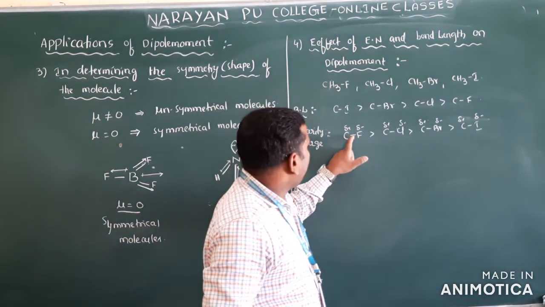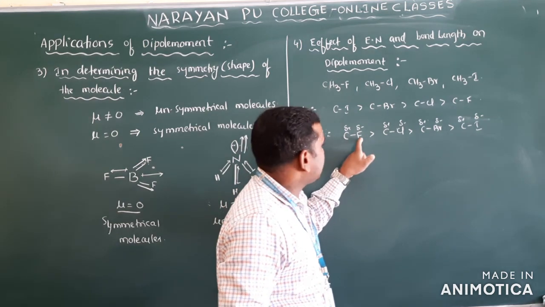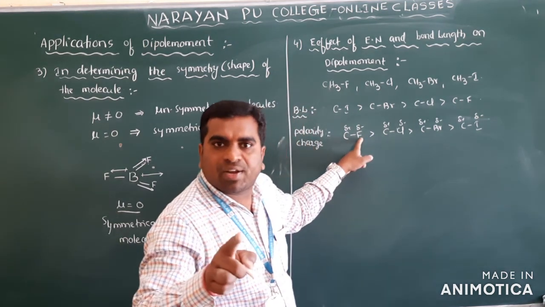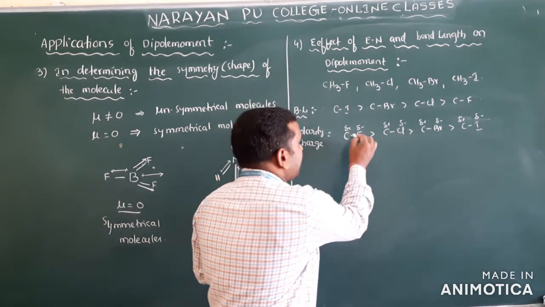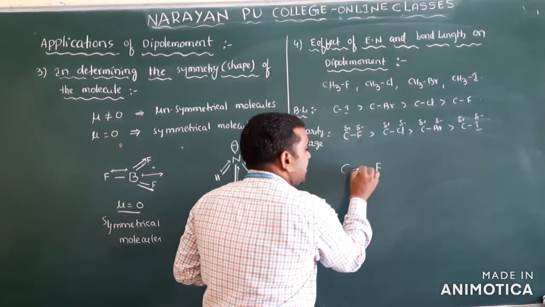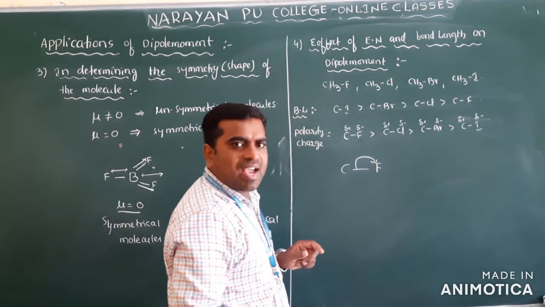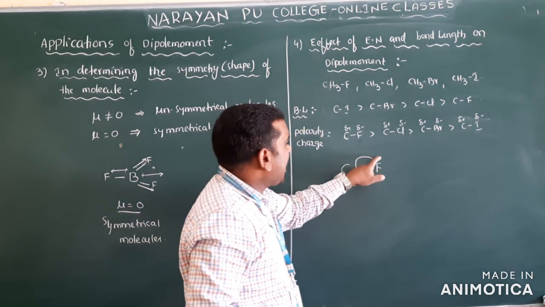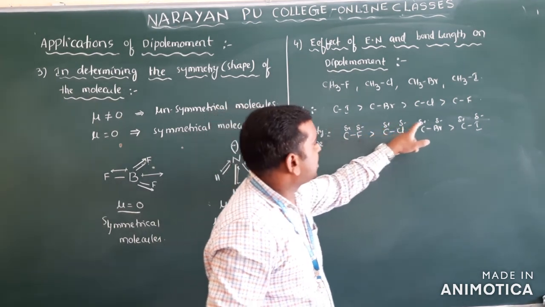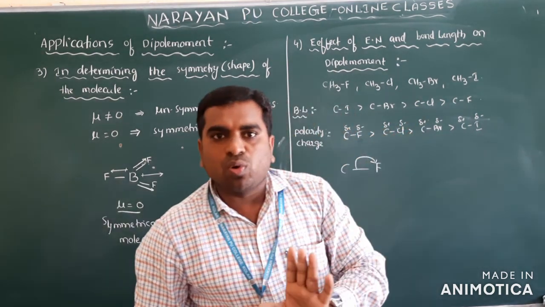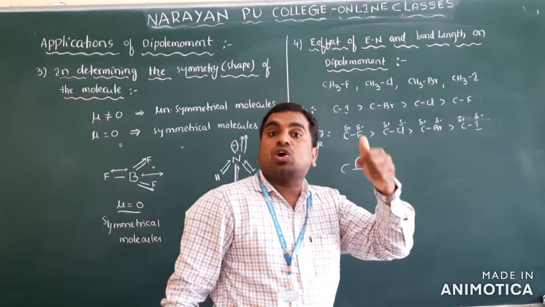Clear? This bond is highly polar because of the highly electronegative atom. Which one is the highly electronegative atom? Fluorine. Due to this highly electronegative atom, fluorine immediately gains the electron from the carbon and acquires a negative charge. You may ask, sir, in all cases the charge is 1 unit only, but you have to see the charge density.